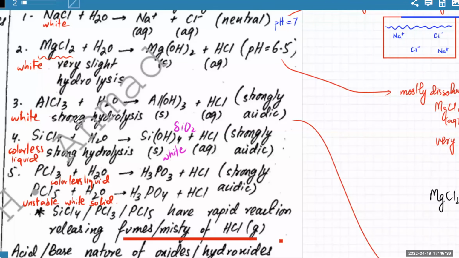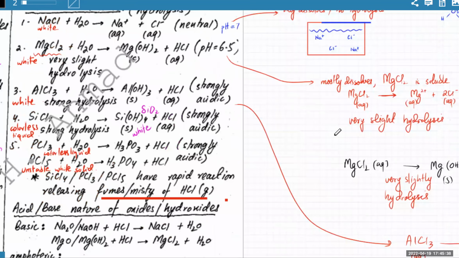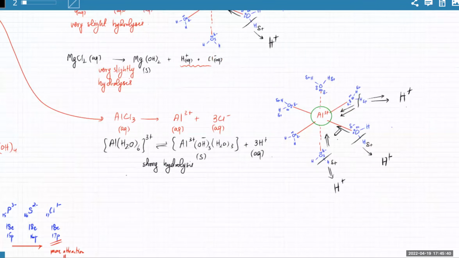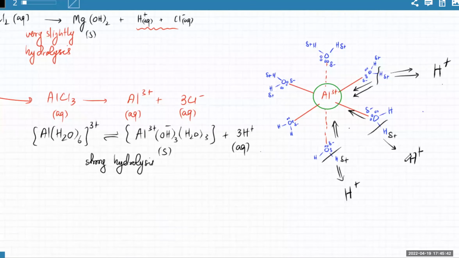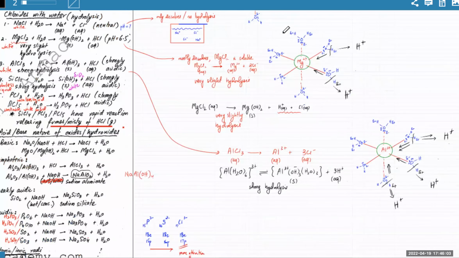AlCl3 has a very vigorous, strong hydrolysis because when AlCl3 gets mixed in water, Al3+ has a very strong attraction for water molecules, and a very strong repulsion for the positive H in the water molecule. So aluminium forms this complex and starts knocking out the H+ ions in the water molecules. This is hydrolysis. Remember, all chloride reactions are hydrolysis.